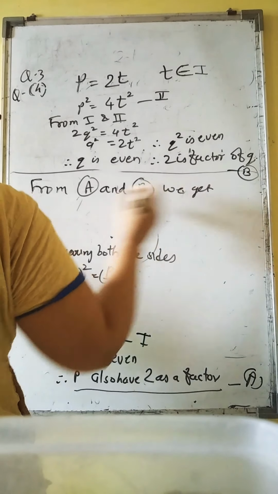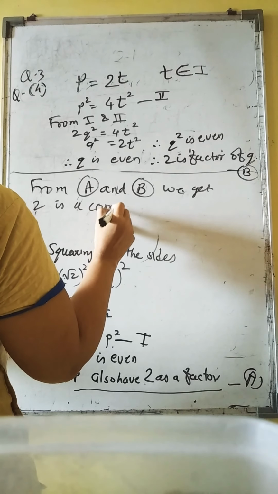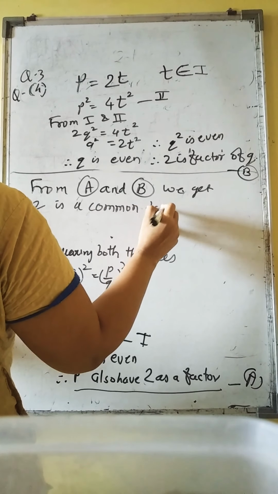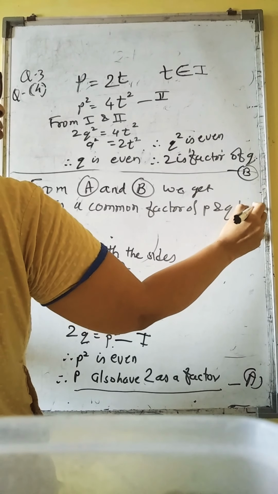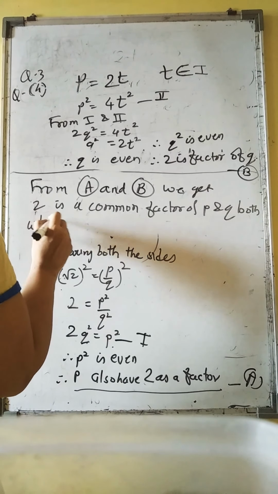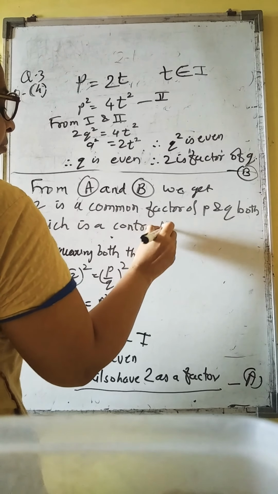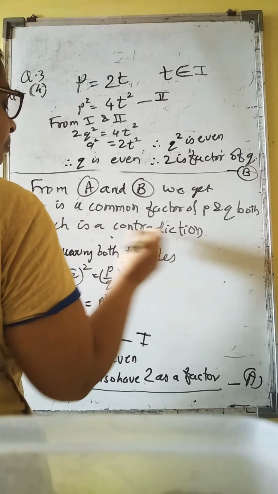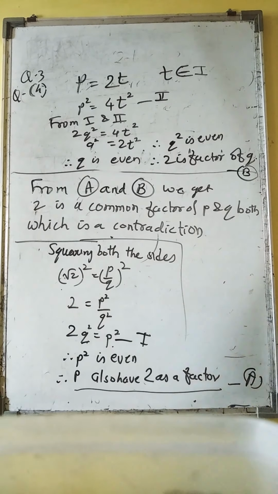we get 2 is a common factor of P and Q both, right? Which is a contradiction. Right? Contradiction to what?